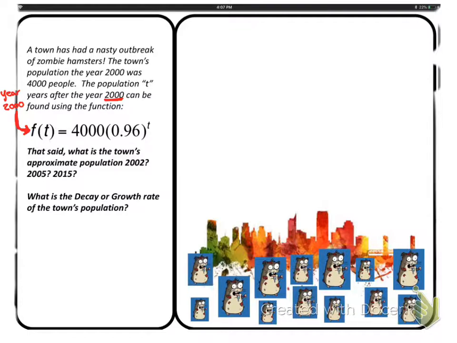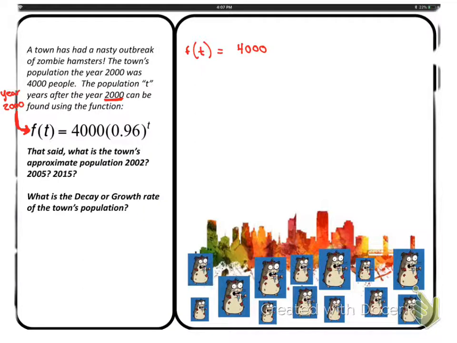So that said, what is the town's approximate population in 2002, 2005, and 2015? And then later on, what is the decay or growth rate of the town's population? So first thing I'm going to do, I know that this represents the year 2000. So I'm going to rewrite this formula up here. So I know f of t equals 4,000, right?